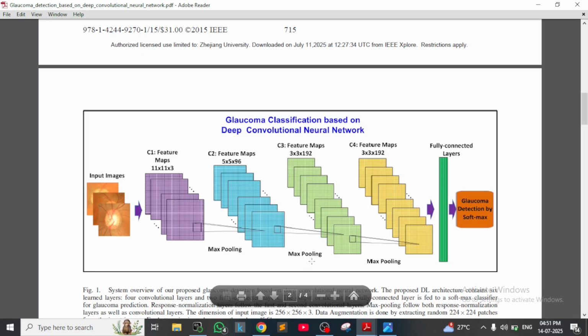See how they did the max pooling. After that, feature maps: first 11 by 11 by 3, then 5 by 5 by 96, then 3 by 3 by 192, then after that feature maps 3 by 3 by 192. They did it like this. After that fully connected layers and glaucoma detection by softmax.